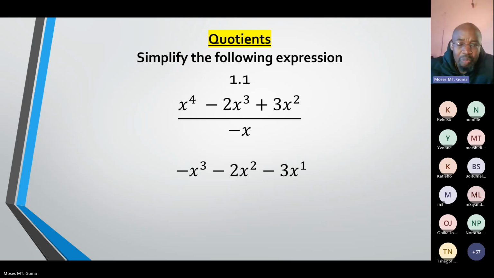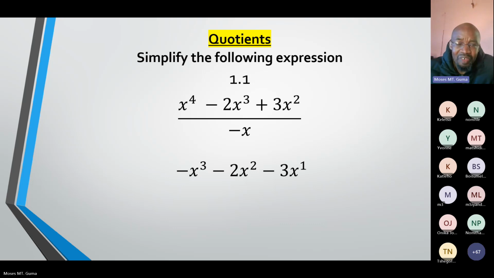Now, that would be a negative divided by a negative, which is a positive. I'm sorry about that. It must be a positive there. Got it? Negative divided by a negative is a positive. Now, 2 divided by a 1, remember the numerical coefficient of x in this case is 1. 2 divided by a 1 is a 2.